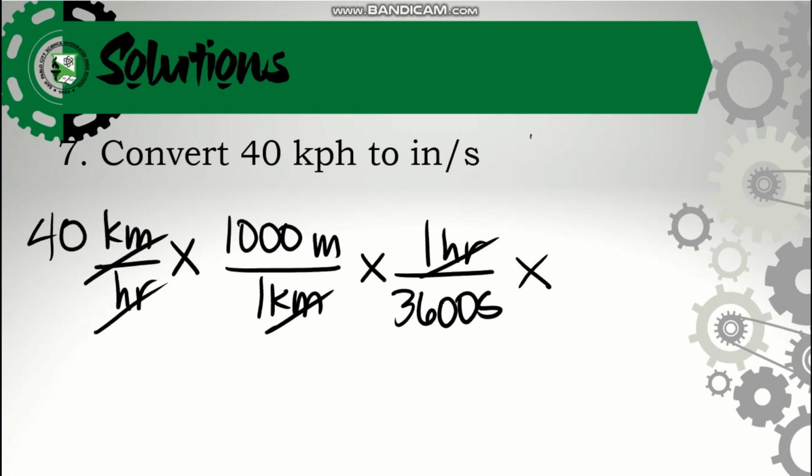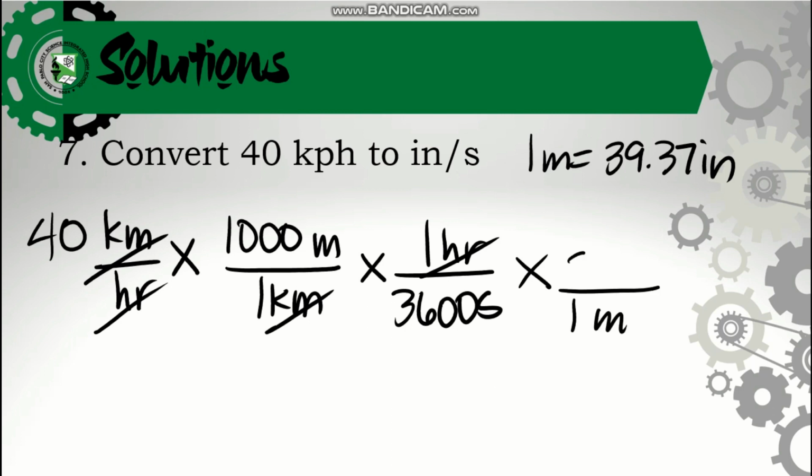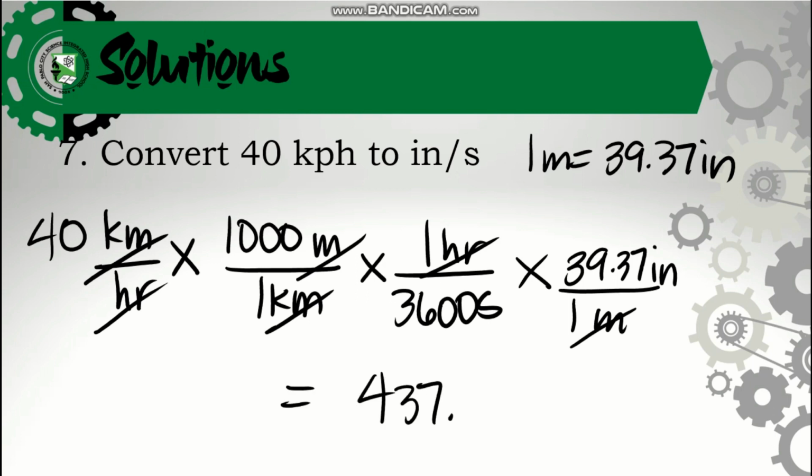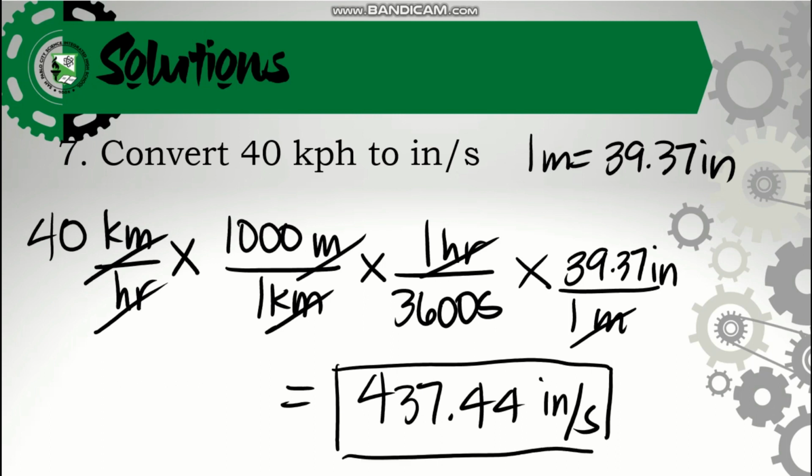But we are looking for the inches, so we need to convert the meter into inches. So I have here a conversion factor, which is 1 meter is equal to 39.37 inches. Okay, so you put that in your solution and then please direct input in calculator so that we can minimize the differences in the decimal points. We have here 437.44 inches per second.